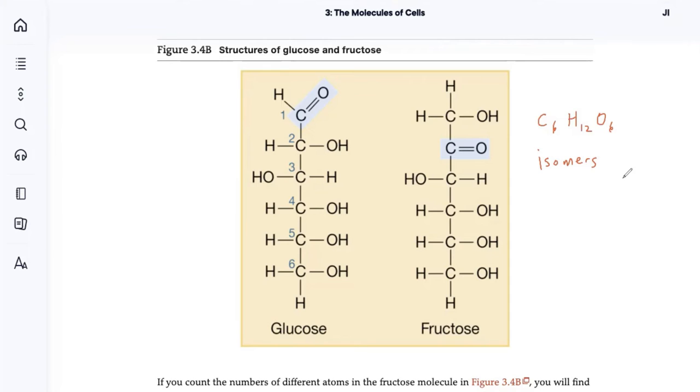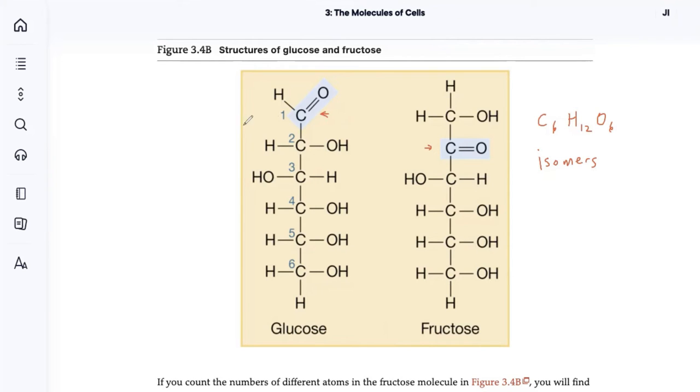We still have the same set of 6 carbons, 12 hydrogens, 6 oxygens coming together, and whether you're glucose or fructose, all that matters is whether that carbonyl carbon is here or whether it's at the start of the number 1 carbon. There are little differences like this that organic chemists will make a big deal out of. I don't think it's that important, but it's a good idea for you to know that we've got lots of different kinds of molecules, all of which may have the same chemical formula.